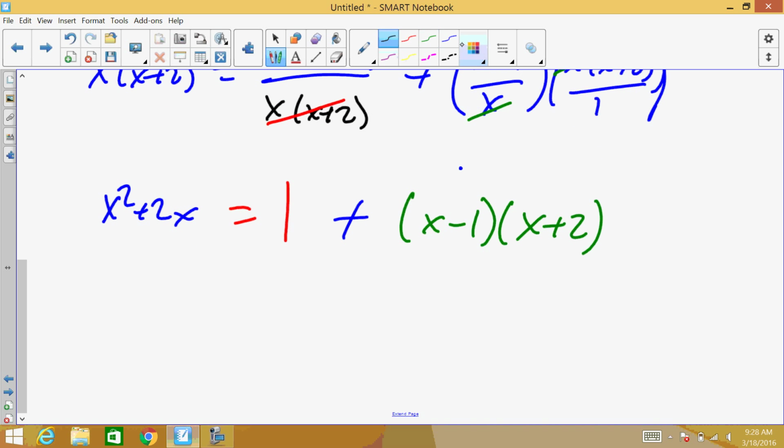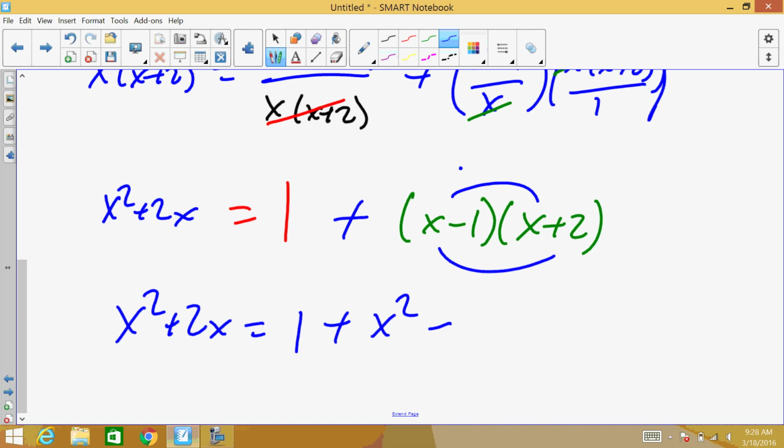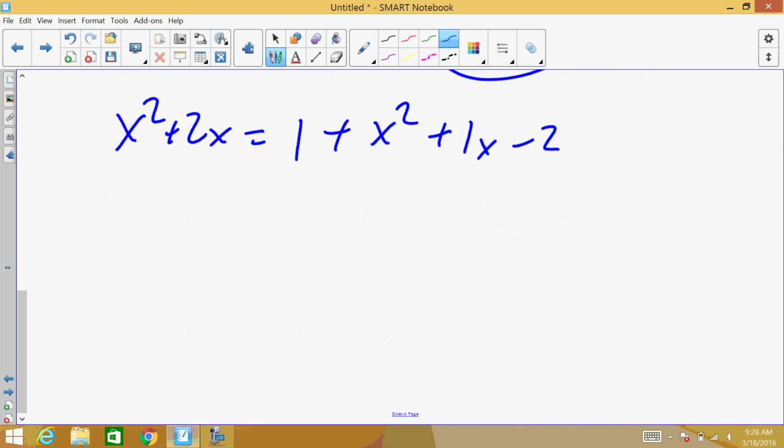So bringing the left side along: x squared plus 2x equals, let's bring this 1 down, plus FOIL: x squared plus 2x, but minus 1x would give us plus 1x minus 2. Combine some like terms. I'm going to move all my x's to the right side, so I'm going to subtract x squared and I'm going to subtract 2x.